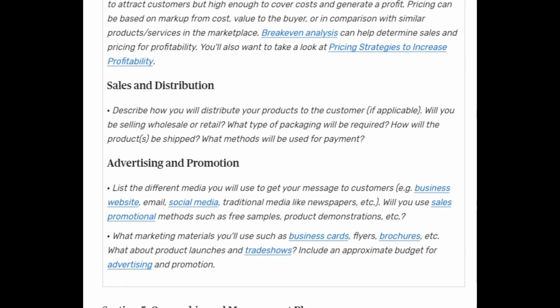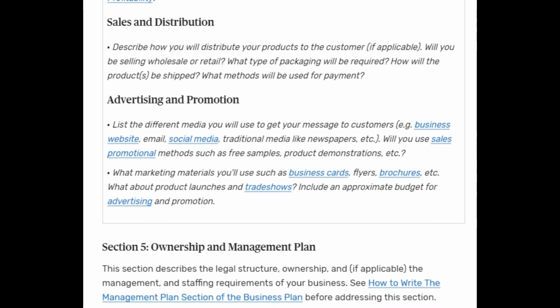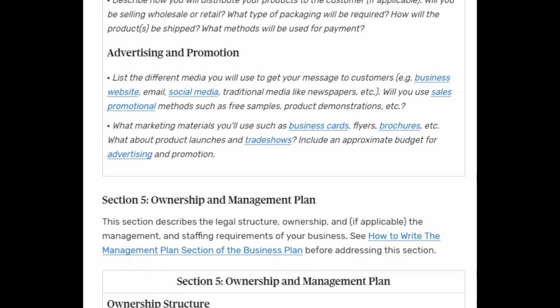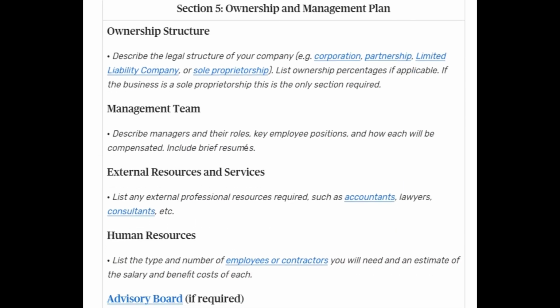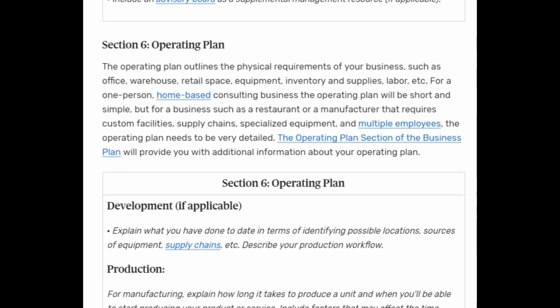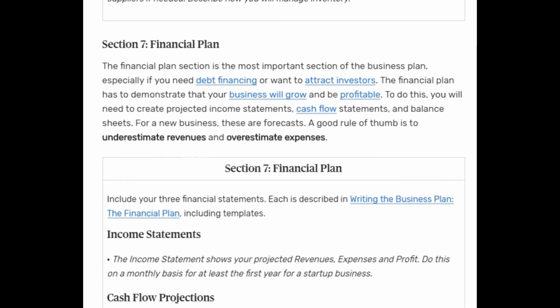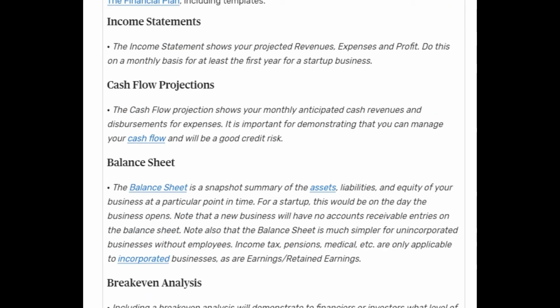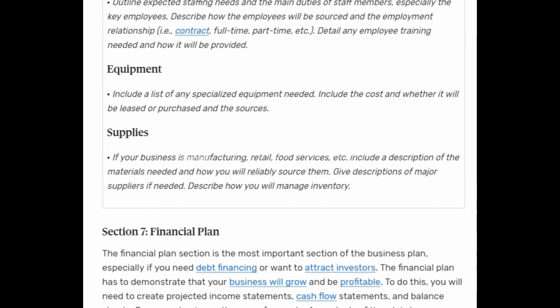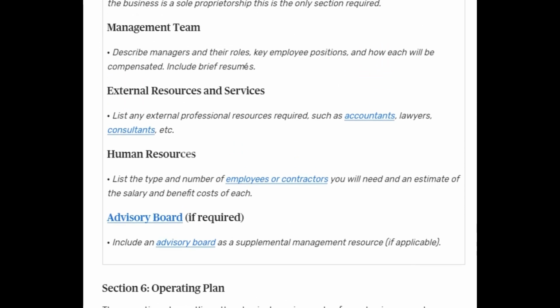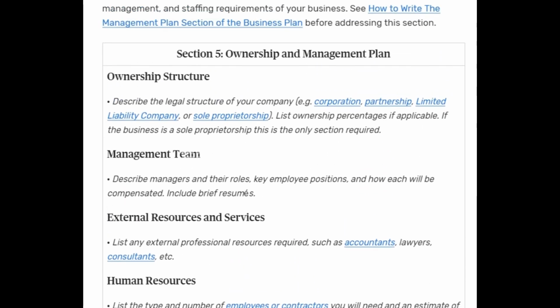In our next video, we're going to discuss the ownership and management plan, the operating plan, the financial plan, and also some of the appendices. So we are halfway through our business plan documentation as a template for small and medium-sized enterprises.